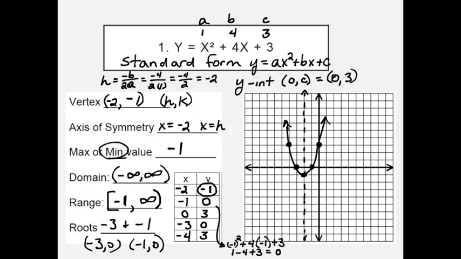You know the x value of the vertex pretty easily, you know the y-intercept pretty easily. Once you have the x value of the vertex, you know the axis of symmetry. Once you figure out the y value of the vertex, you can figure out your minimum or maximum, and from that you know the range, the domain always is the same, and you may have to graph a few points to figure out where the roots are.